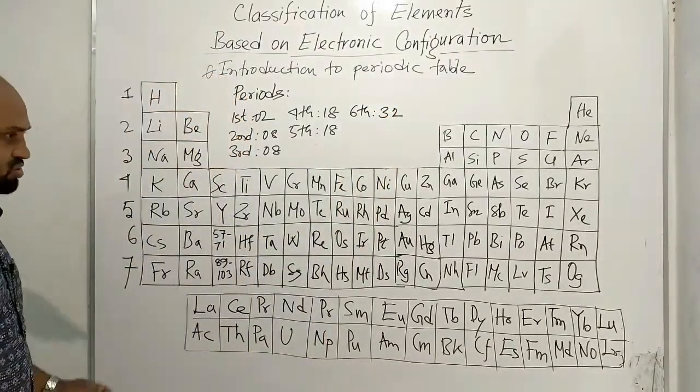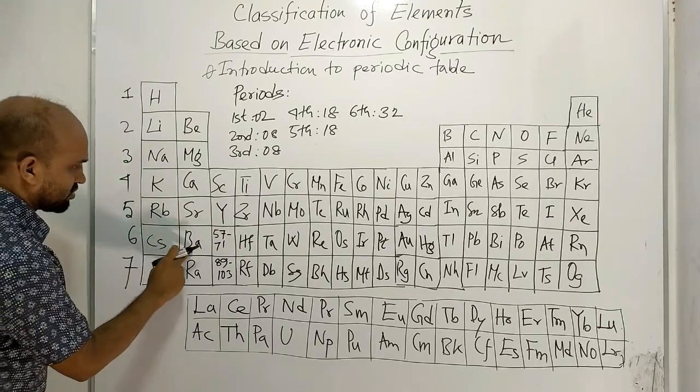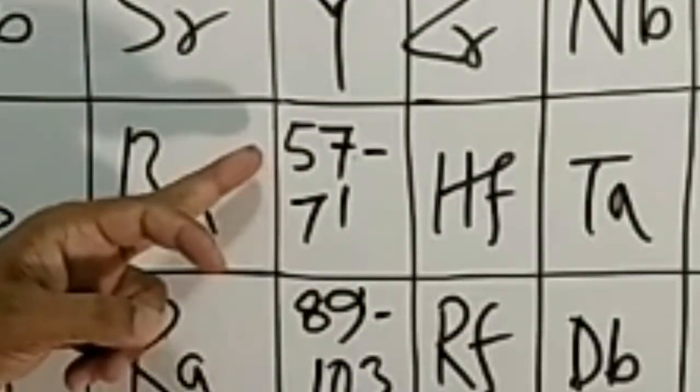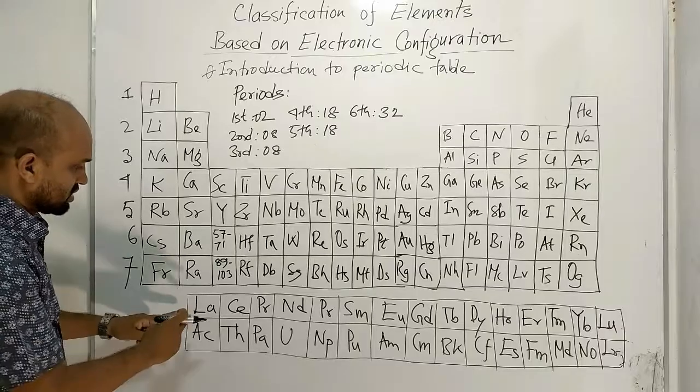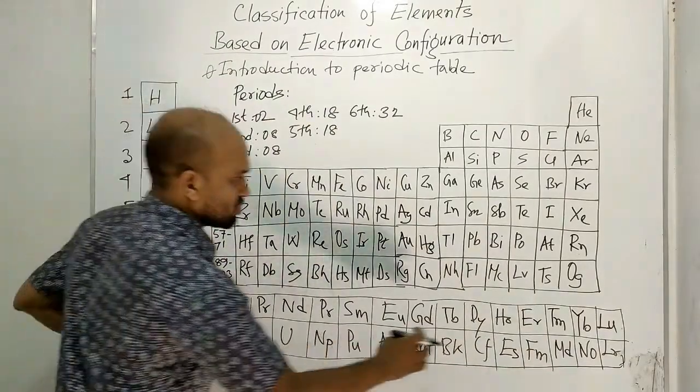Let's see how 32 elements are present here. This is 2, cesium and barium. Here total 15 elements are present, atomic numbers from 57 to 71. Actually these are those elements, lanthanum to lutetium.